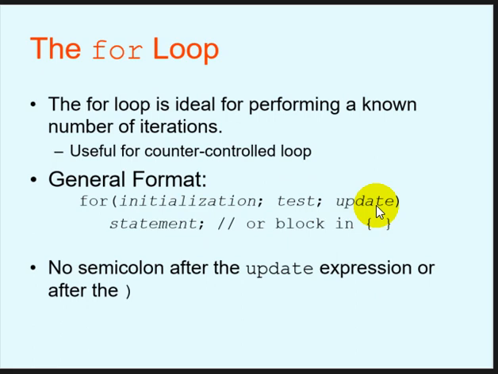Update is like a plus plus, b plus plus, or any sort of change in a variable you want to make. This is very important, as I told you earlier, that if there is no update, no counter variable, the loop will go infinite times. And this is the test condition.